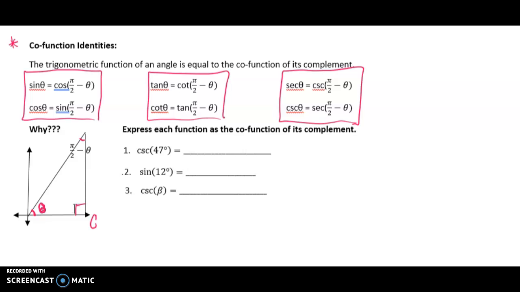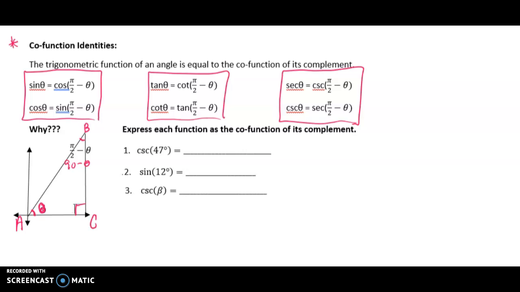So whatever theta is, the other angle has to be 90 minus theta. Let's call this angle B, and this one angle A. So if angle A is theta, angle B has to be 90 minus theta.